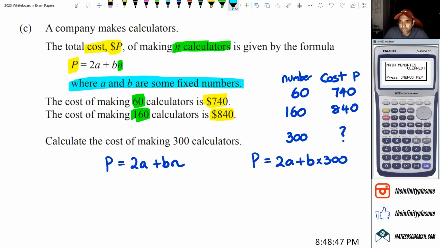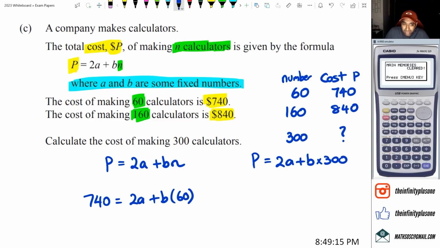With that in mind, now we're ready to write a couple of equations, because we've been given these two pieces of information. We can say the first one costs $740, which is 2A plus B times 60, because 60 calculators cost $740.